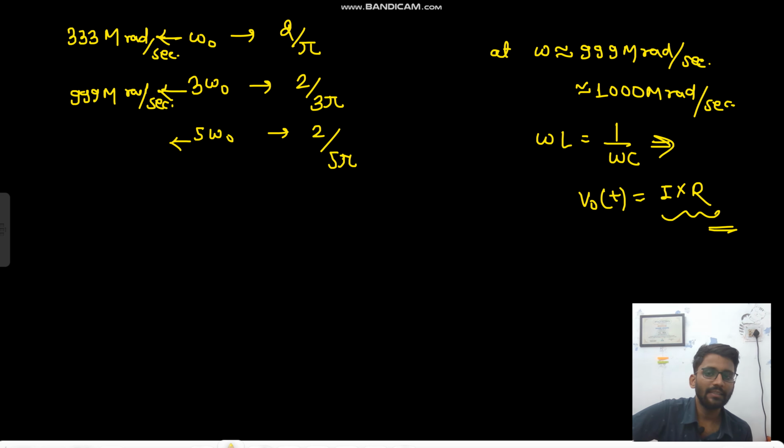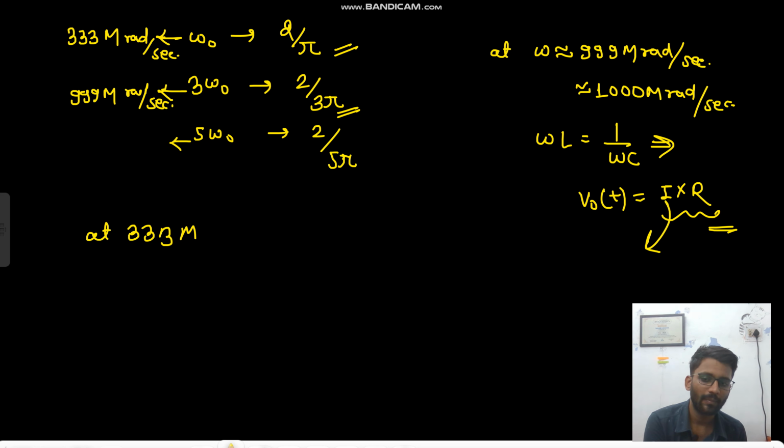Okay, but the thing is that the magnitude of I here is 1 by 3 times lesser than the magnitude of I at omega equals 333 mega radian per second. At 333 mega radian per second, the magnitude of I is 2 by pi ampere.